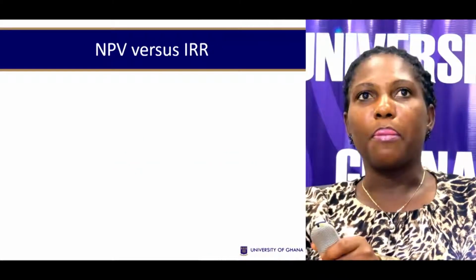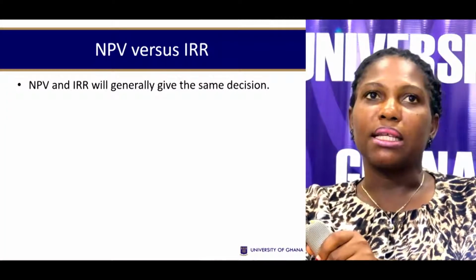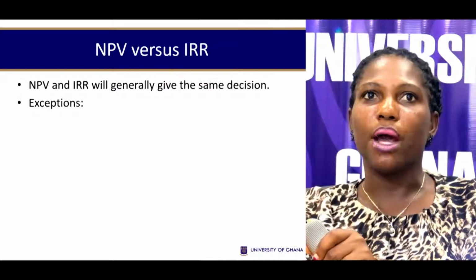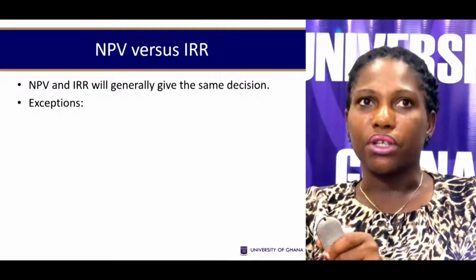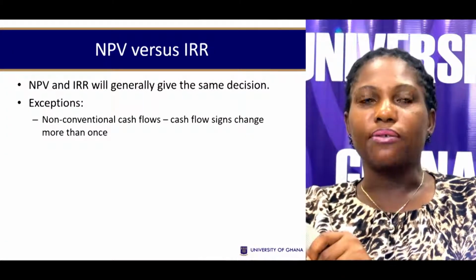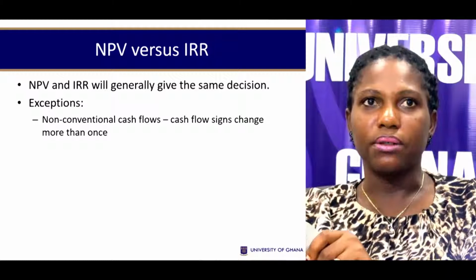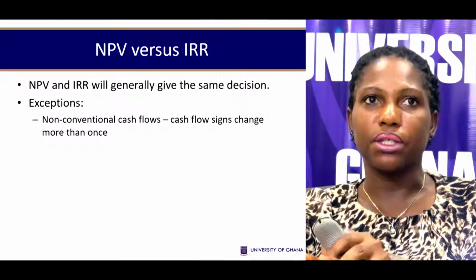Now, when you come to compare NPV versus IRR, normally they'll give the same decision, especially where all parameters are within the conventional form. What do I mean by that? If cash flows are conventional, then it means NPV and IRR would normally give the same decisions.